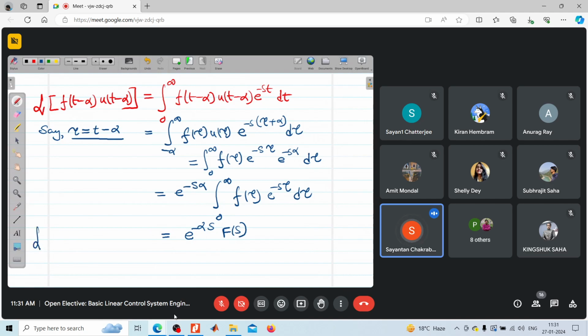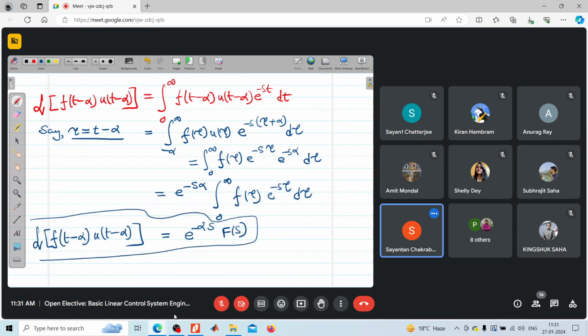So you can write the Laplace transform of this translation f of t minus alpha u of t minus alpha equals e to the power minus alpha s F(s). And that is true for all alpha greater than or equal to 0.